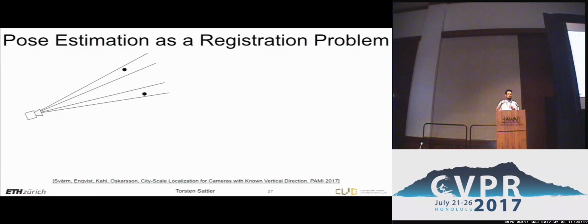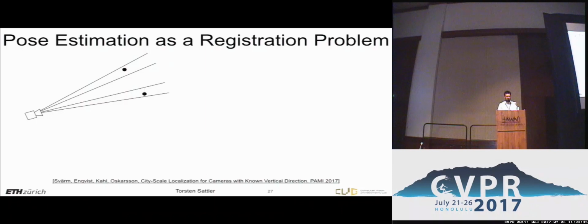So the idea is you would like to find a pose so that the 3D points project close to the image measurements, which is the same as saying the 3D points need to project into a cone defined by your inlier threshold. So you could model this in 3D, saying give me the pose so that the maximum number of matches fall into their respective cones.